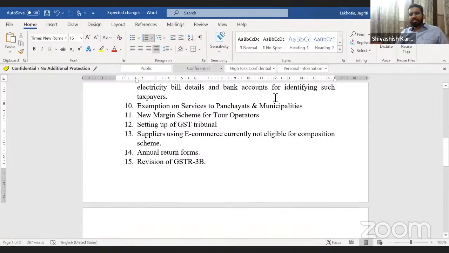Setting up of the GST tribunal was another agenda which was supposed to be taken up. However, as per the sources, that matter has been referred to the group of ministers for more detailed discussion. The reason this requires more discussion is that, as per the current provisions, technical members, as in departmental personnel, are given priority, with the majority stake, over the judicial members.